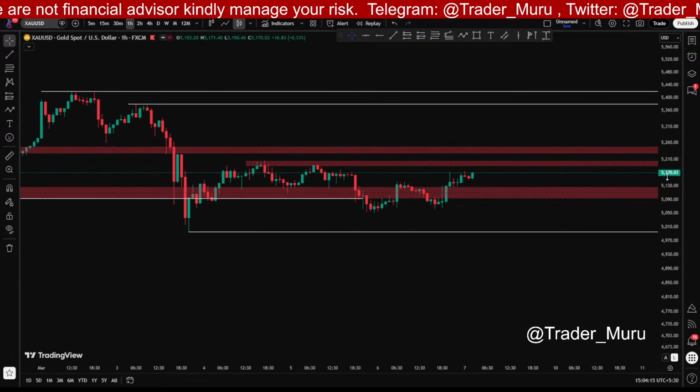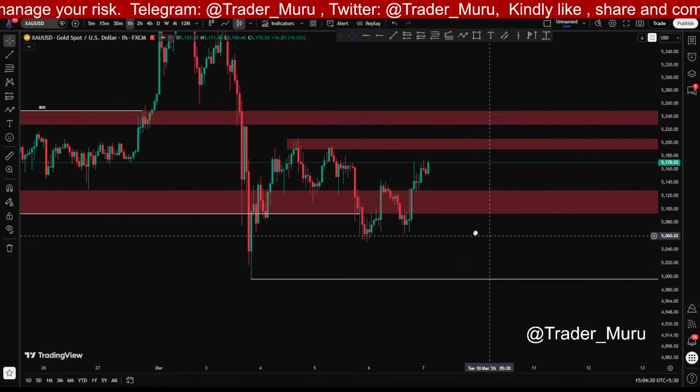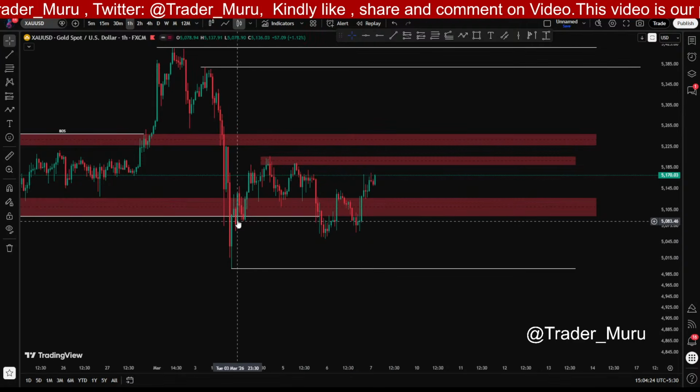Now let's see the 1-hour time frame. In the 1-hour time frame, as we know, price was running in a nice uptrend here.